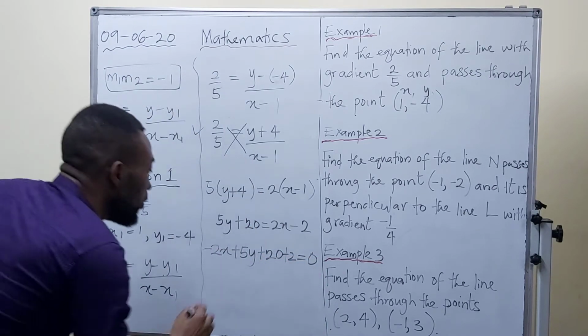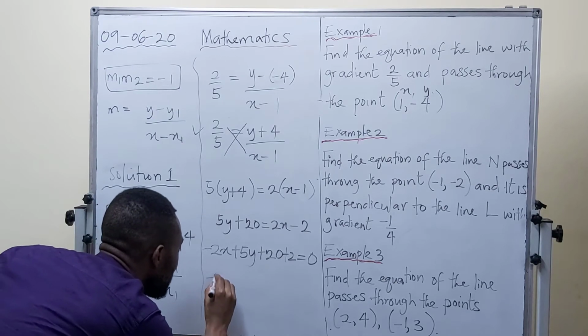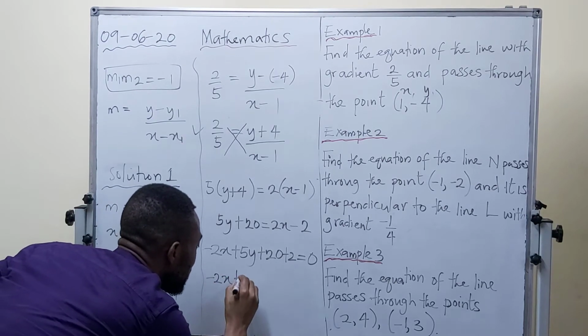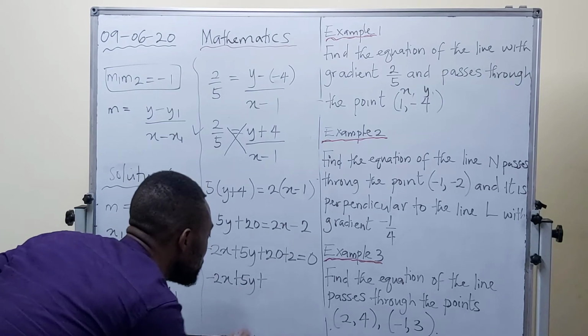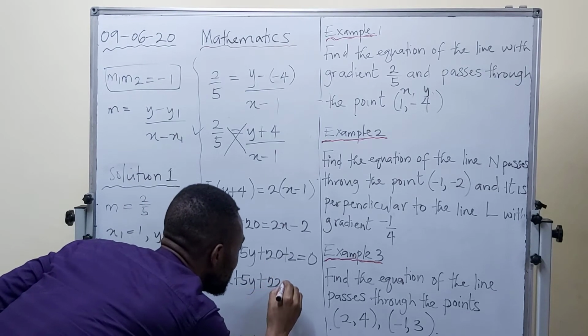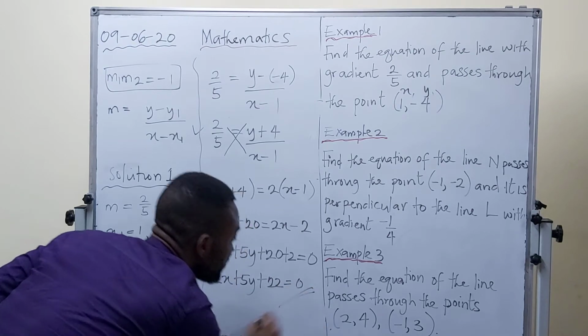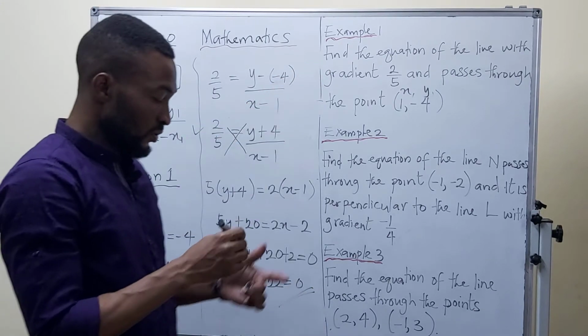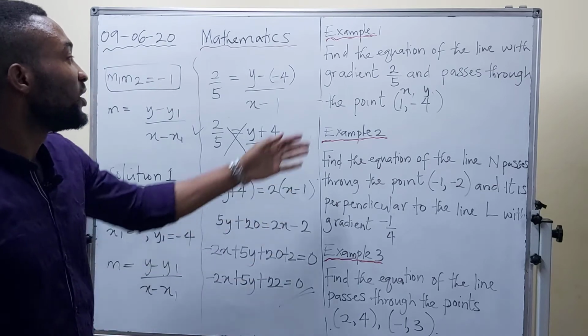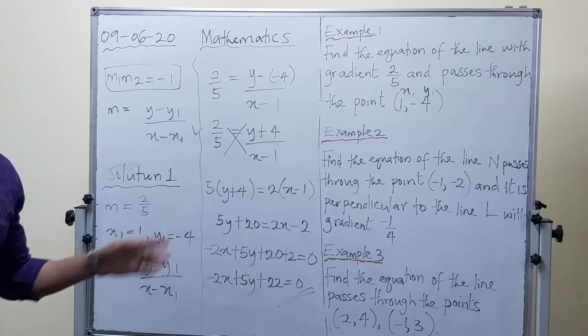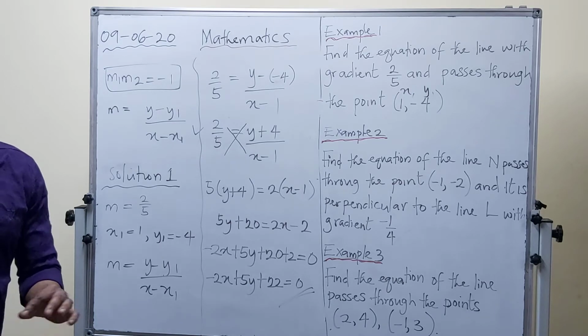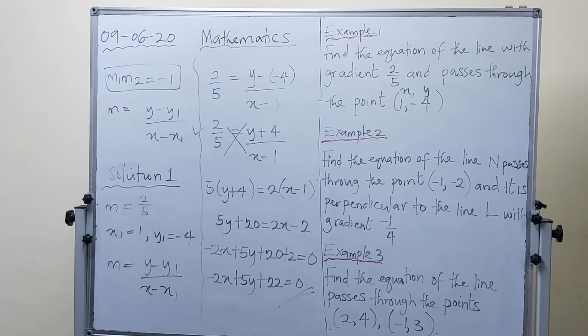So now our equation will go like this: minus 2x plus 5y plus 20 plus 2, which is 22, everything equal to 0. So that is our answer. You have to write the equation according to the question we are given. I believe you can see this. So now this is the solution for question 1.